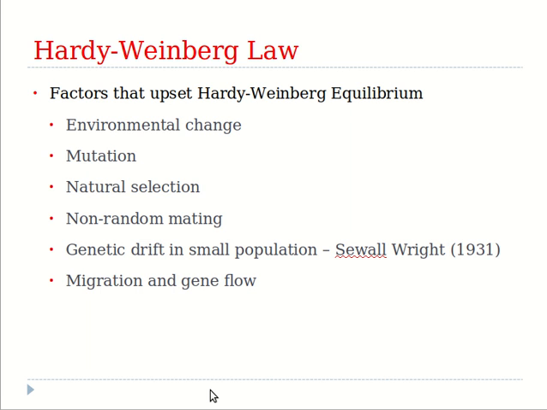Now, the fourth factor that influences the Hardy Weinberg equilibrium is non-random mating. Gene frequencies in a population will remain constant only when mating is a random process. Random mating is a process in which any member of one sex is equally likely to mate with any member of the opposite sex.